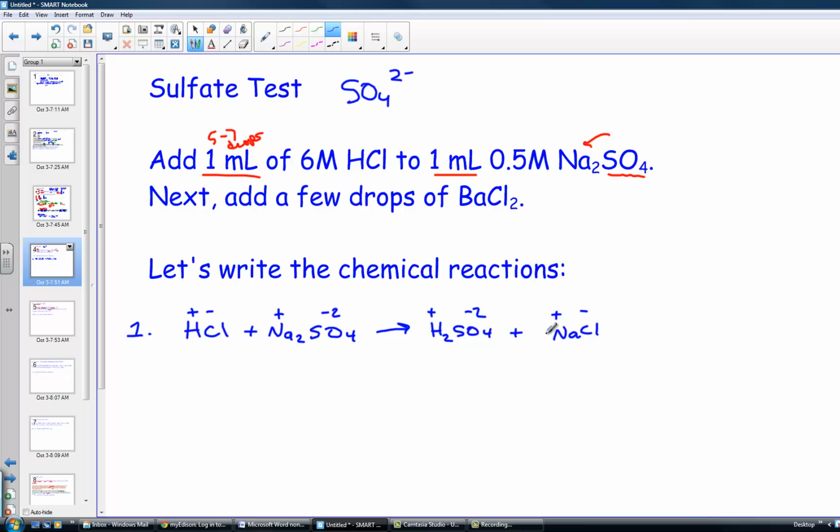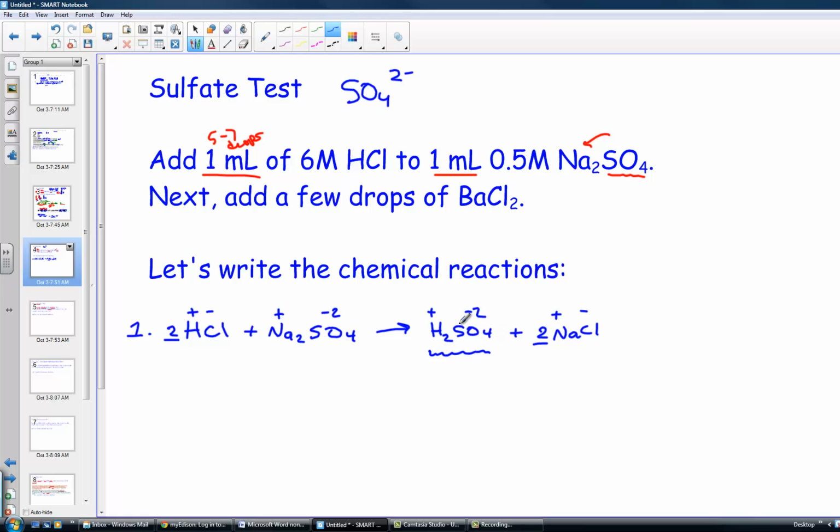Let's balance. 2 Nas on the left, 2 Nas on the right, 2 H's, 2 H's, 2 Cl's, 2 Cl's. There we go. A 2, 1, 1, 2 balances that equation. Alrighty. Now, if I think about the spectators, this is the sample that we're actually still testing for, isn't it?